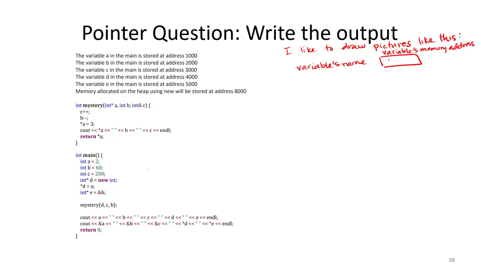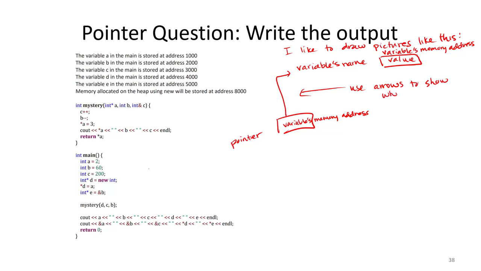And then inside the box, I write the variable's value. And then if I have a pointer pointing at that variable, then I can also have a pointer holding the same variable's memory address, and I can use arrows to show where our pointers point.